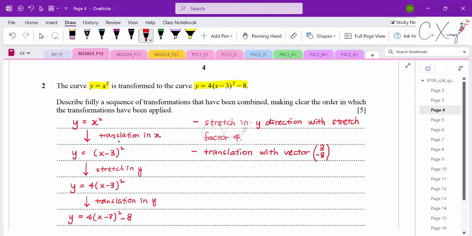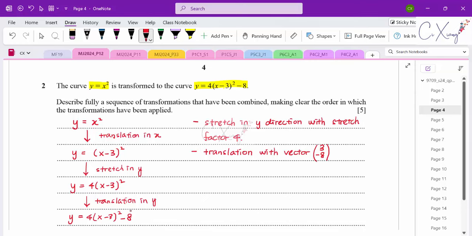So if you want, the first one can be translation in X, followed by stretch in Y, then followed by translation in Y. Or maybe some students say they prefer to start with stretch in Y, then followed by translation in X, followed by translation in Y. That also works, if you don't want to combine both translations. So you can put the translation in X anywhere. But just make sure that in your answer, you show that stretch in Y always comes in front, and then translation in Y follows at the back. All right, so this is what we have for this question.